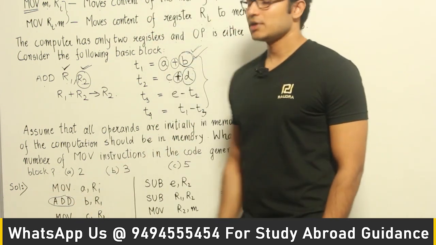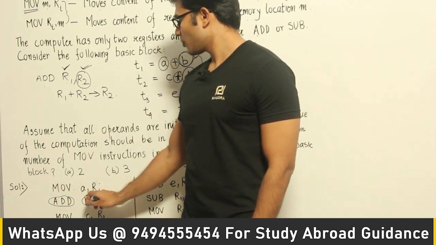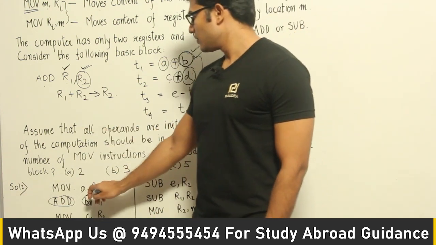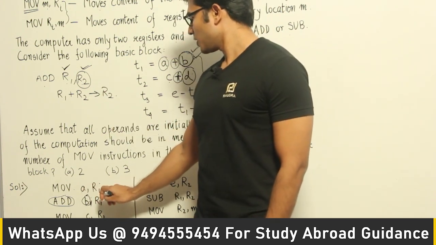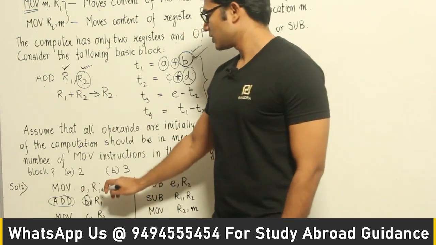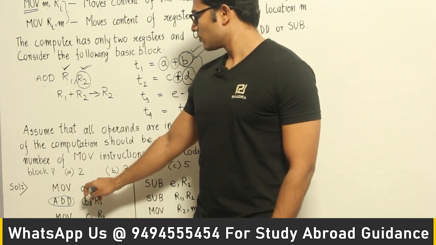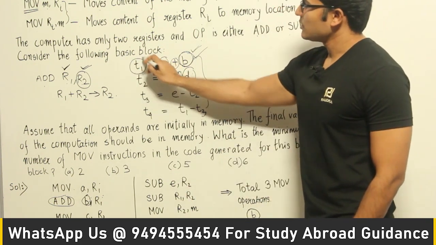Whenever I use the operator add, it has the facility that it can directly move an operand from the memory into the register, right? Therefore B is going to be fetched from the memory, and it is going to be added to whatever is already present in R1. So what is already present in R1? A. Therefore R1 is going to be equal to A plus B. So finally R1 is going to contain T1.